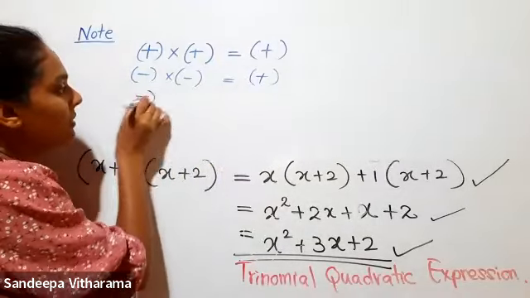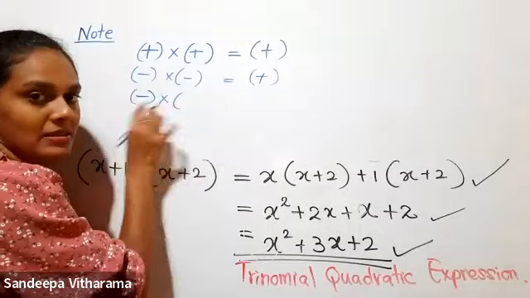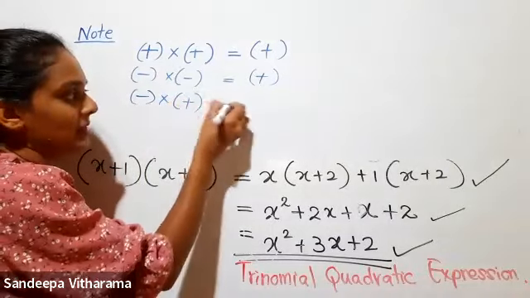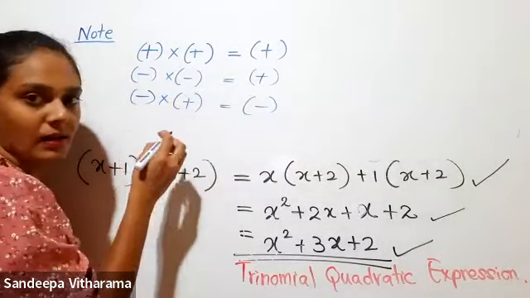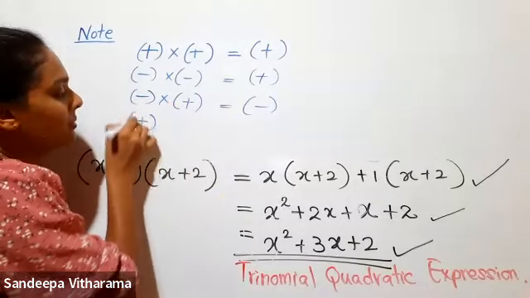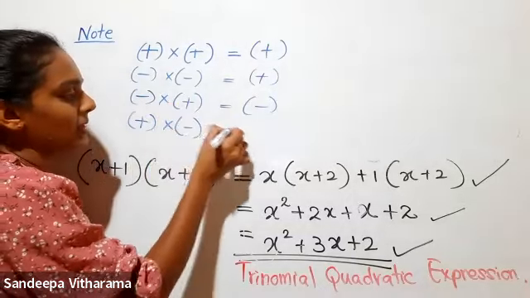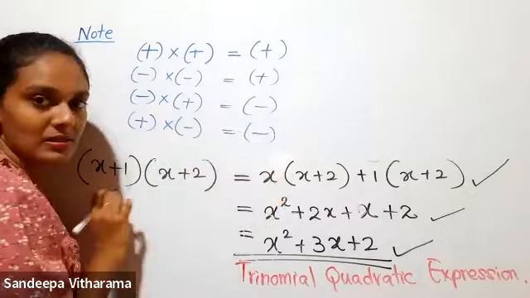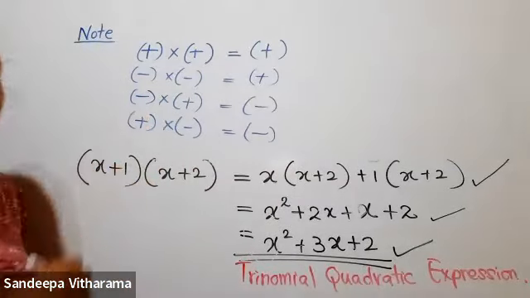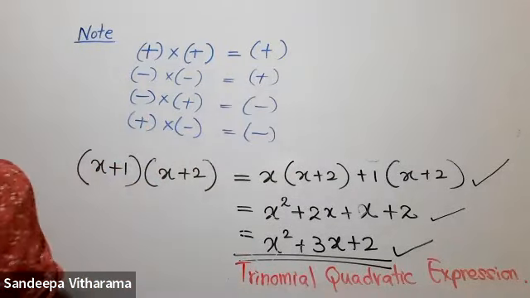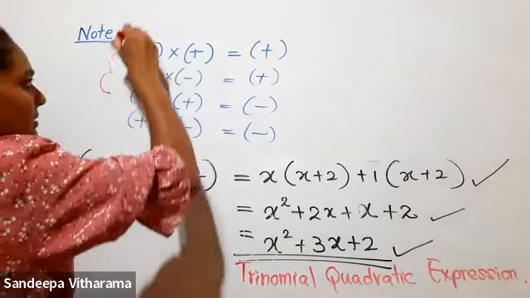When you have to multiply a minus sign number by a plus sign number, then the answer is minus. When you have to multiply plus sign by minus sign, then also the answer is minus. This is a very, very important part.